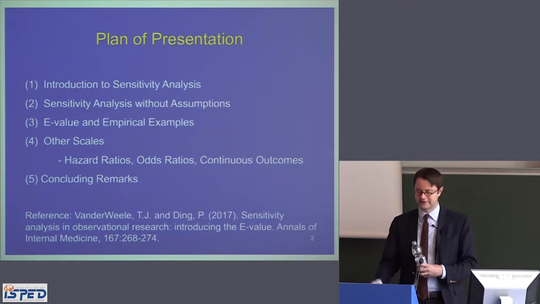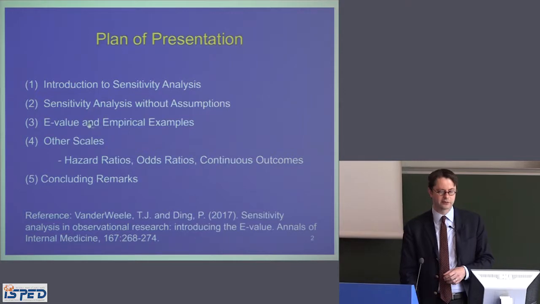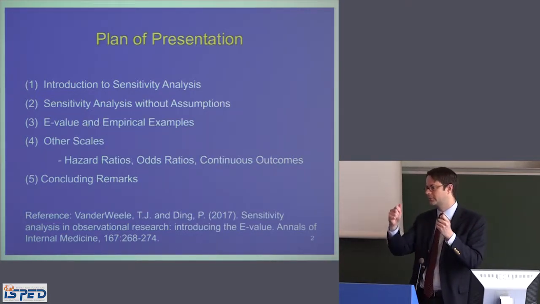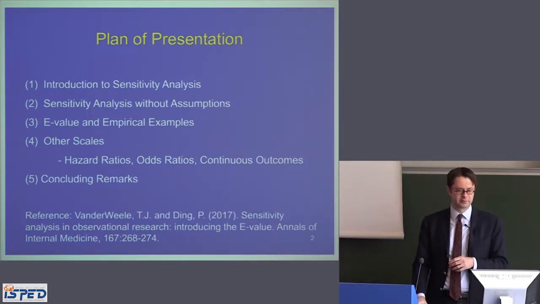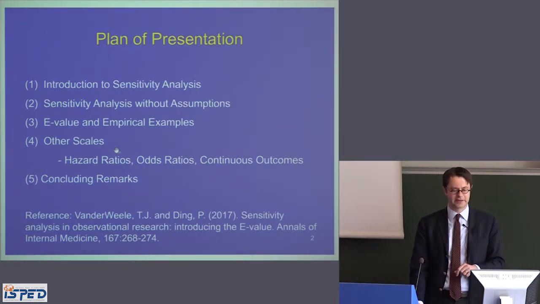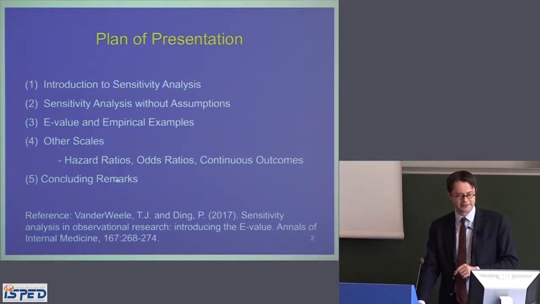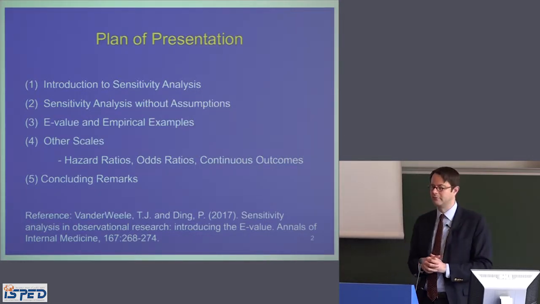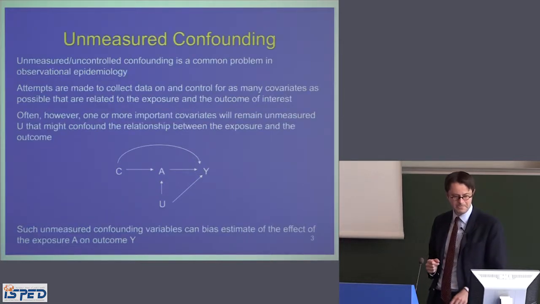That will lead to this E-value measure, which is essentially a measure of how strong an unmeasured confounder would have to be related both to the exposure and the outcome to explain away the results. We'll go through some empirical examples, and then I'll talk about extensions to other scales and make some final concluding remarks. The presentation here is based on a paper that just came out last year in the Annals of Internal Medicine introducing this E-value metric.